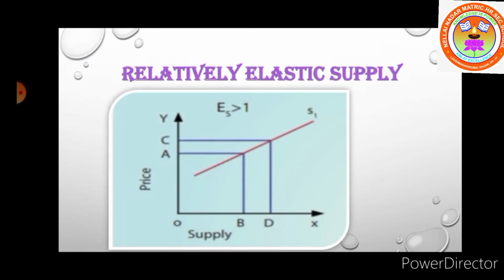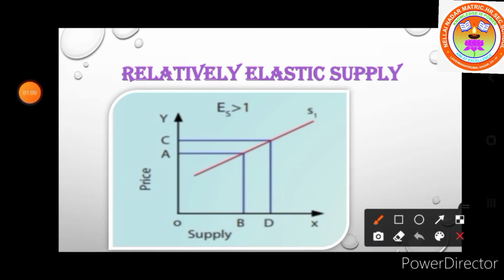First, relatively elastic supply. The coefficient of relatively elastic supply is greater than 1. A 1% change in the price of a commodity causes more than 1% change in the quantity supplied of the commodity.